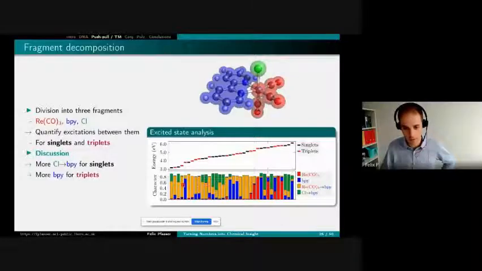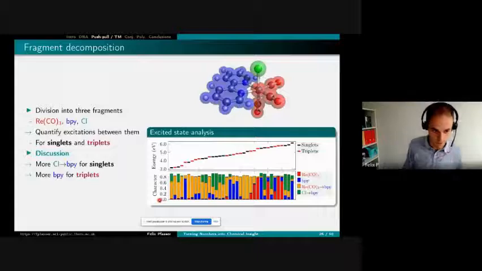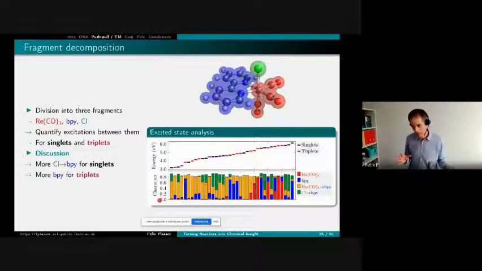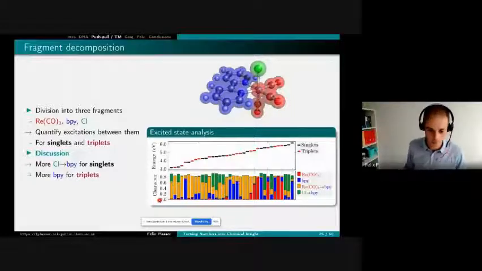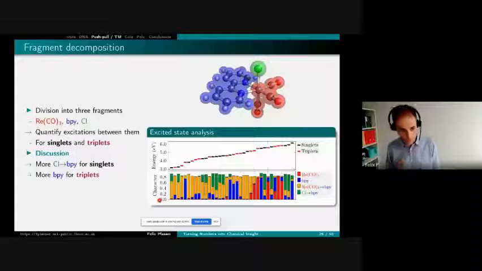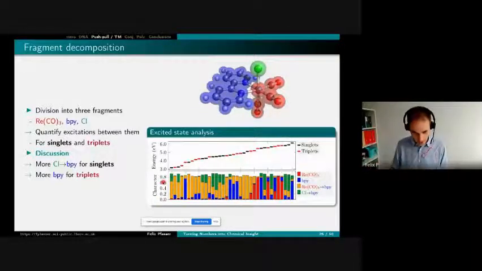That's because a local singlet excitation would have more exchange repulsion, which is why we tend to have low energy local triplet states. I don't want to talk about it too much, but the point is you have an automatic but also fine-grained way where you can start discussing subtle trends.